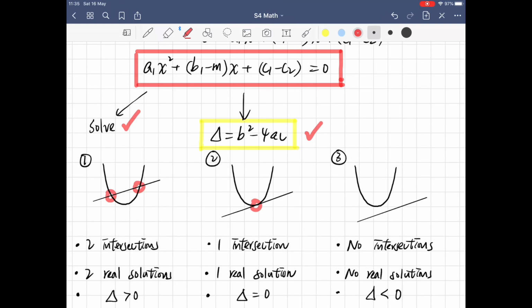If delta is greater than 0, that means there are two intersections and two real solutions. If delta equals 0, that means there is only one intersection or one real solution. And finally, if delta is smaller than 0, that means there are no intersections or no real solutions.